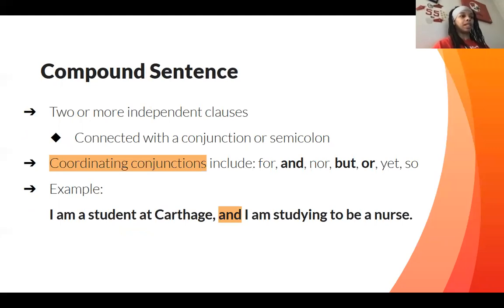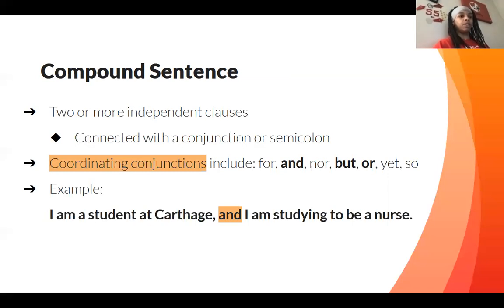A compound sentence is two or more independent clauses connected with a conjunction or semicolon. Coordinating conjunctions include for, and, nor, but, or, yet, so. An example of this is, I am a student at Carthage, comma, and I am studying to be a nurse.